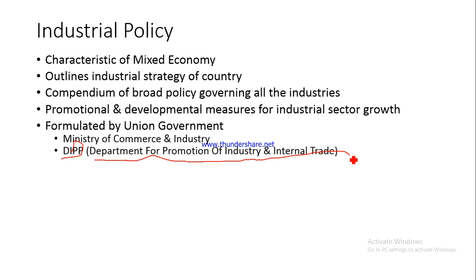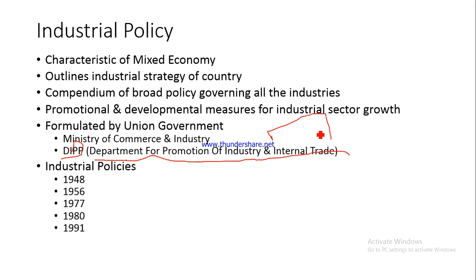This change of nomenclature also signifies a slight shift in the responsibilities. Now, this particular department also has to take care of the internal trade, basically the retail trade inside the country. So they also come up with policies regarding the retail trade within the country.